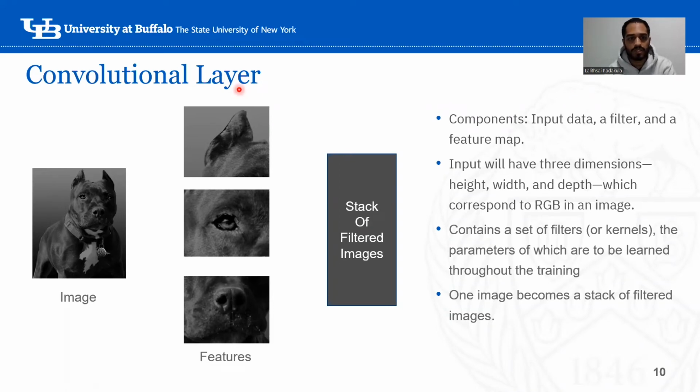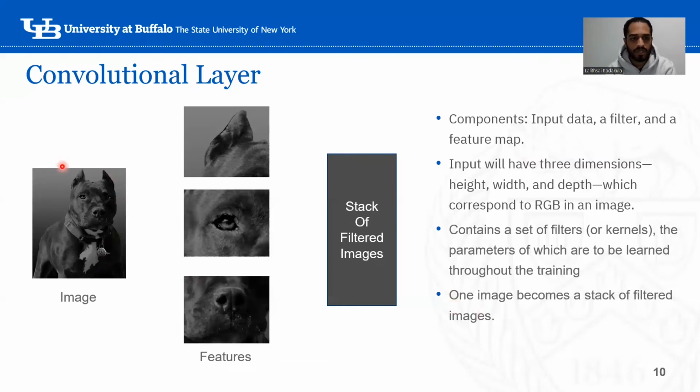Coming to the first of our components of CNN, this is the convolution layer. It contains basically three components: input data, a filter, and a feature map. The input will have three dimensions: height, width, and depth. It also contains a set of filters, also called kernels, the parameters of which are to be learned through training. One image becomes a stack of filtered images. Basically, this is what the convolution layer is about.